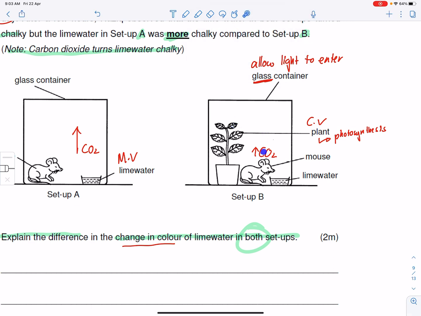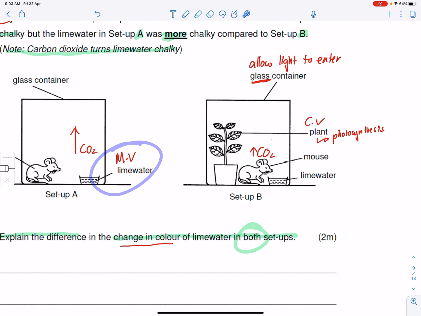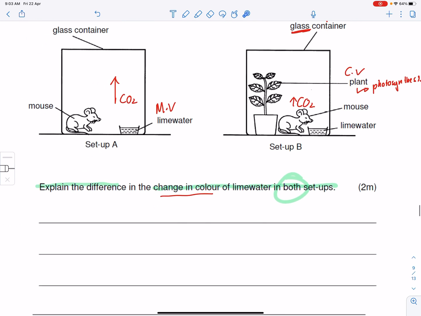As it takes in carbon dioxide, this would reduce the amount of carbon dioxide in the surrounding air, and therefore cause your lime water to be not as chalky as the lime water in setup A. Because in setup A, your plant is not there to take in the carbon dioxide to reduce the amount.